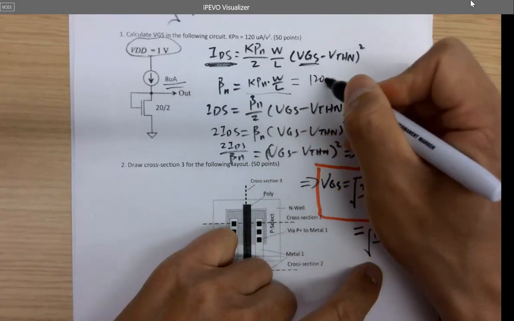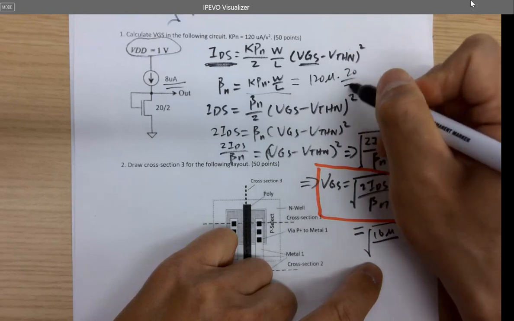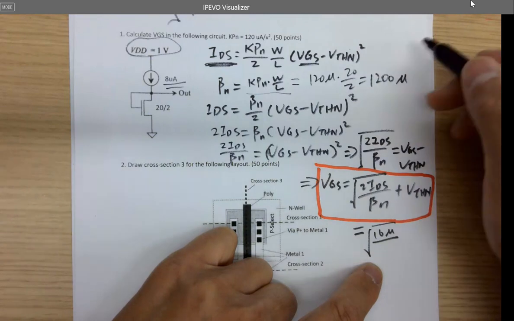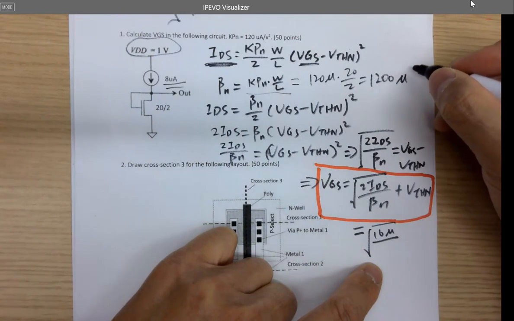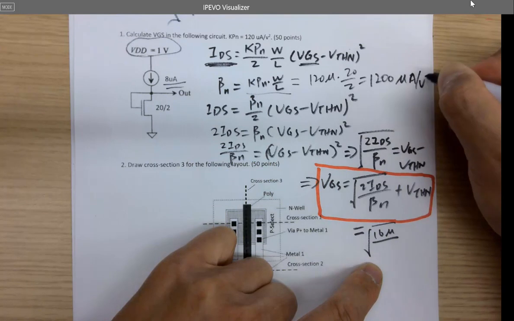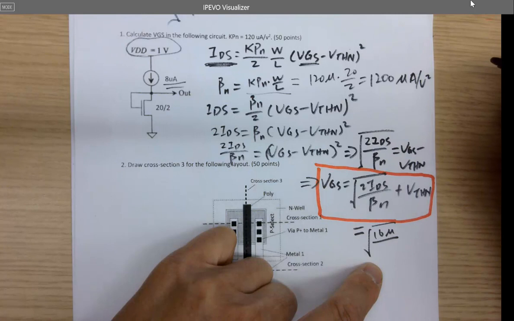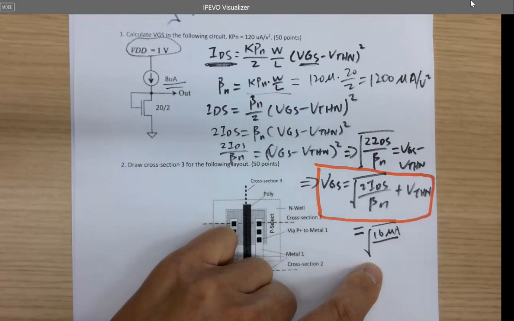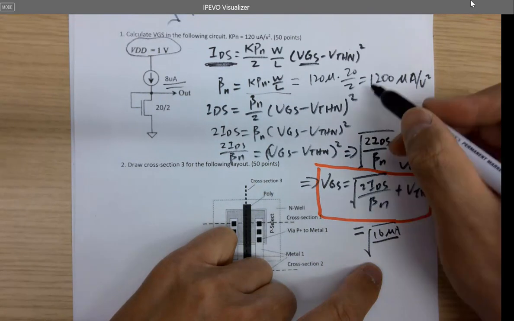It's 120 micro times 20 over 2, which is 10. So it's going to be 1200 micro. I'm just ignoring all the standard units. So this is amps over V squared, I think. So this is 16 microamps. Let's just ignore it for now, it doesn't matter.